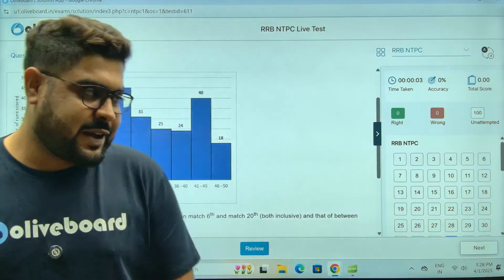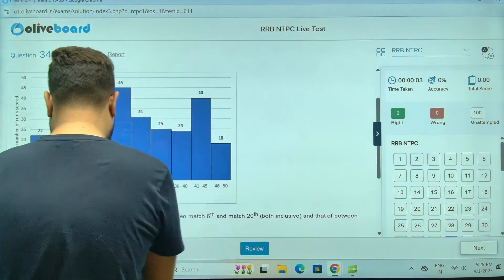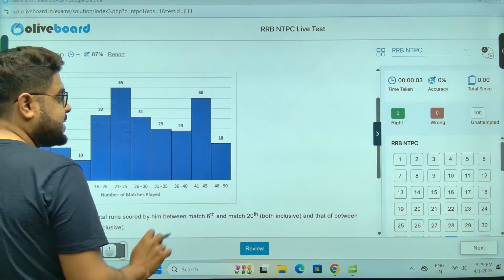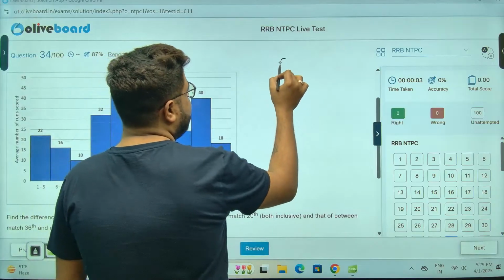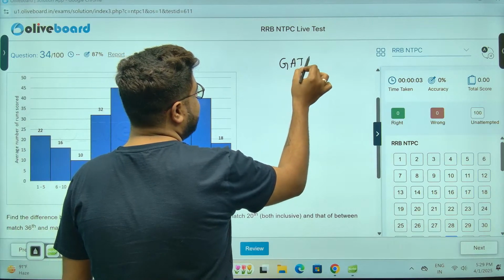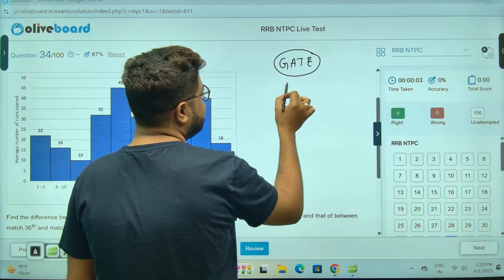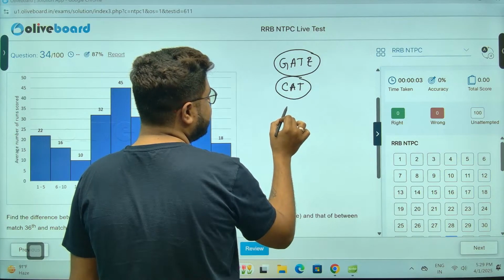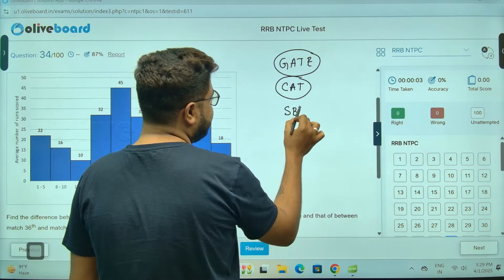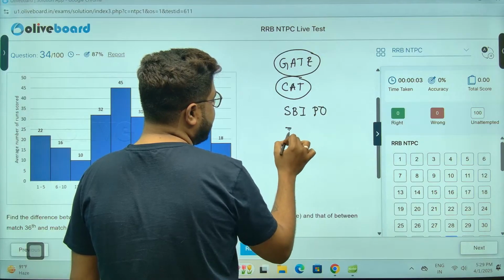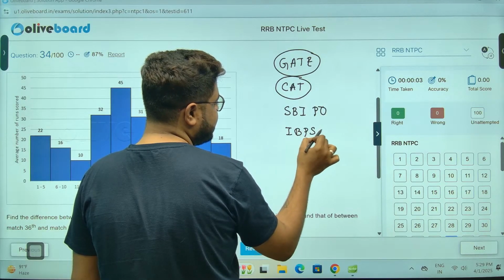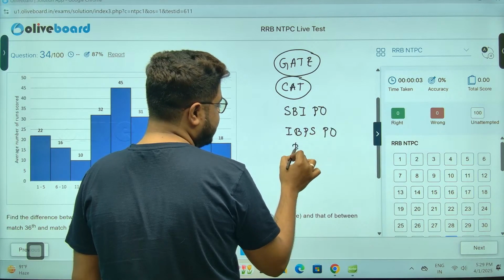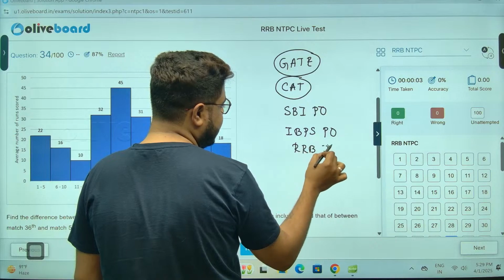Chinmay, no brother, I've cleared exams. If you want to know which, the first exam I cleared is GATE, with a score of 816. Then CAT with a score of 99.39. Then I've cleared SBI PO. Then I've cleared IBPS PO twice. RRB JE I cleared in 2019.